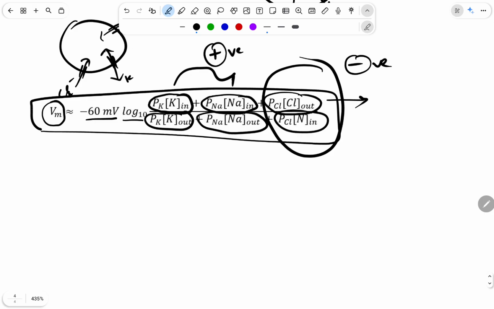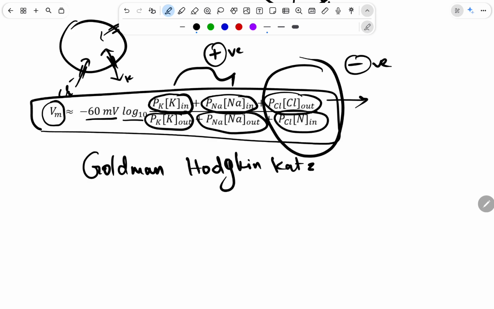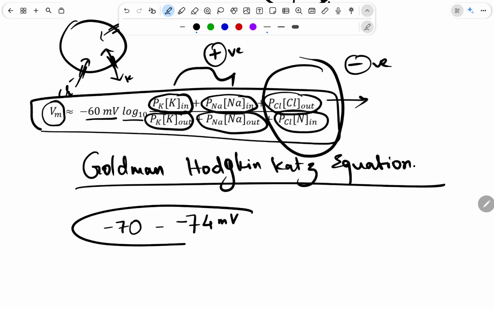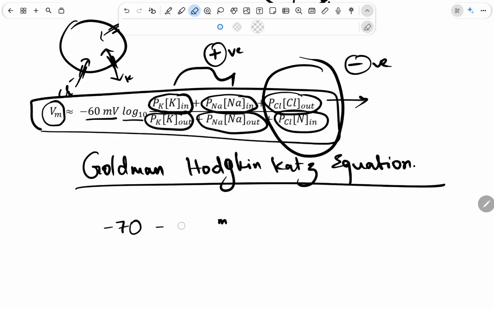Now this equation is called the Goldman-Hodgkin-Katz equation. Very, very important and very, very simple. The total comes around minus 70 to minus 74 millivolts, something around, based on the concentrations. But roughly we can take minus 70 millivolts.